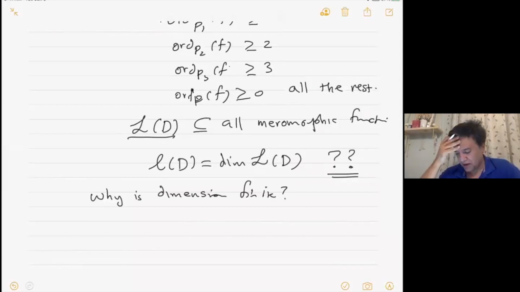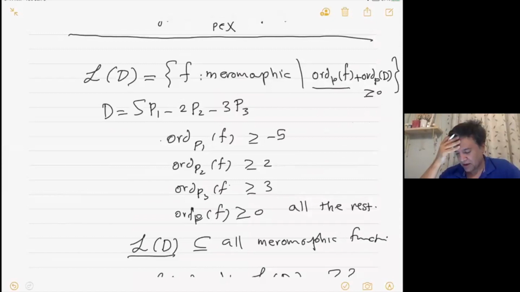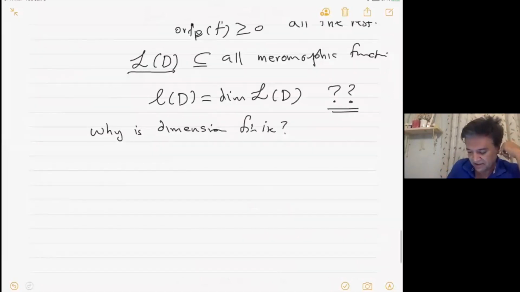So remember, I defined this space of functions, L of D. And this is, in fact, the global sections of a sheaf. We are talking about global sections of a line bundle on a Riemann surface. And let me define for you what this sheaf is.